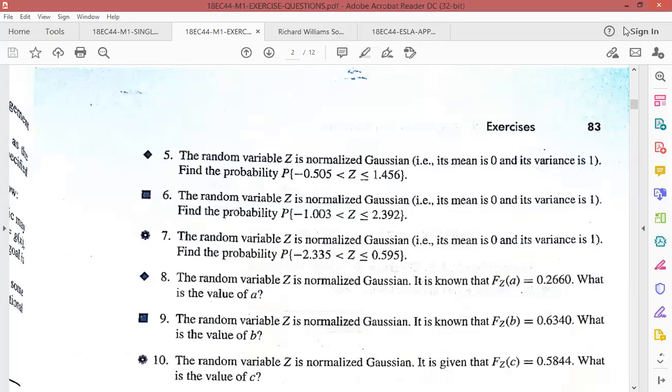Minus 0.505 less than z less than or equal to 1.456. So we are asked to calculate this value, right? So here, as we know, this can be obtained by phi of 1.456. As I told, we need to tabulate these values from the table which is given in the appendix D, minus phi of minus 0.505.